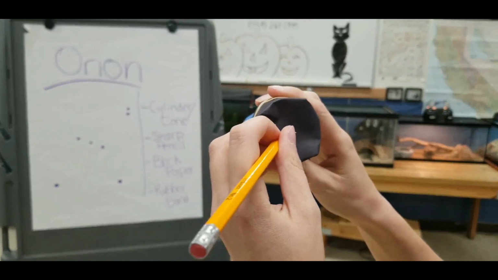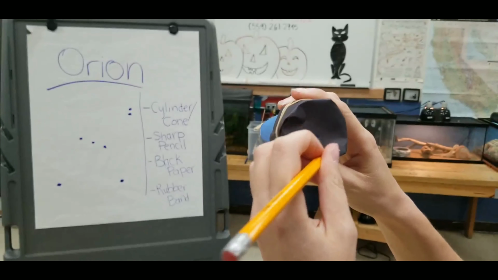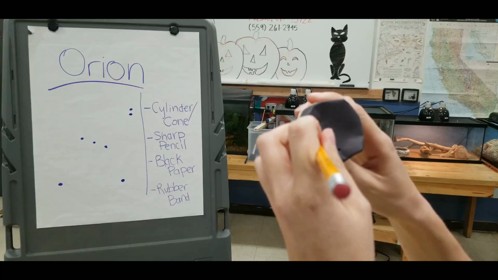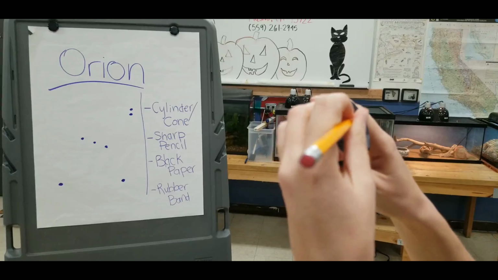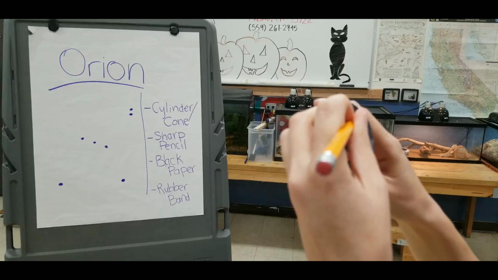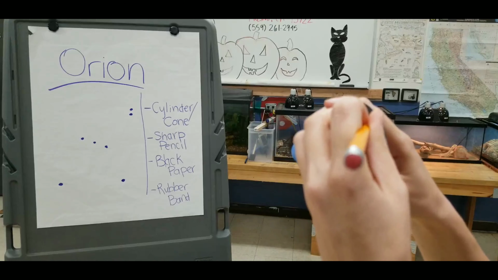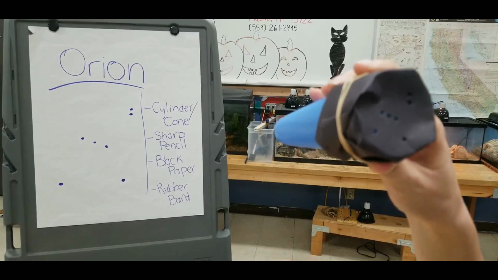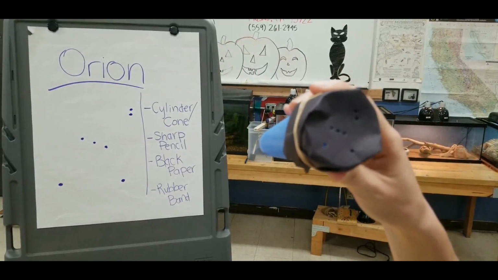Just like this. His arm is going to go right here. And then we're going to work on his bow.